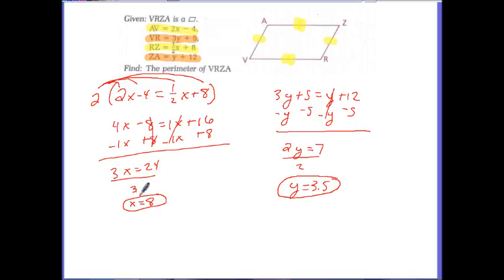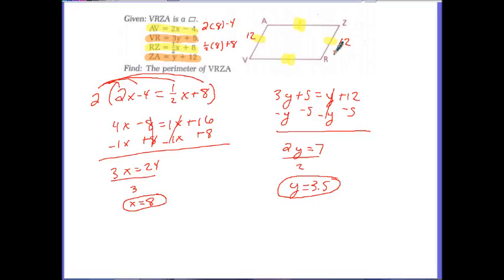Now, let's take our x and let's plug it in. We get 2 times 8 minus 4, which is 16 minus 4, which is 12, and 1/2 of 8 plus 8. Half of 8 is 4. 4 plus 8 is also 12. My first set of opposite sides check out.